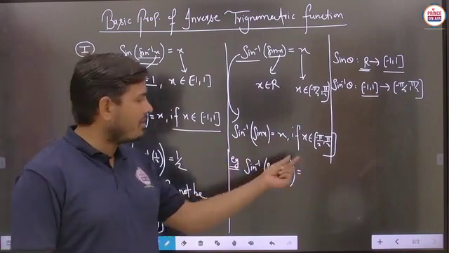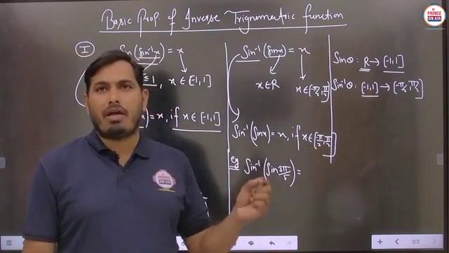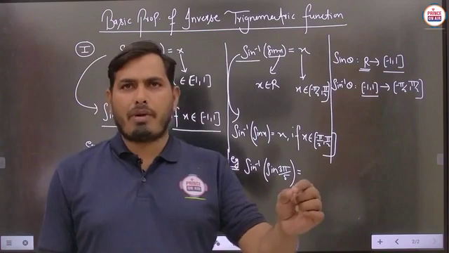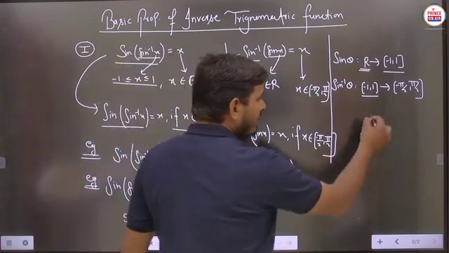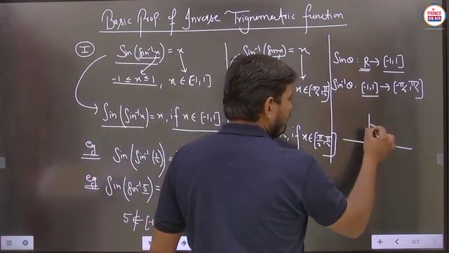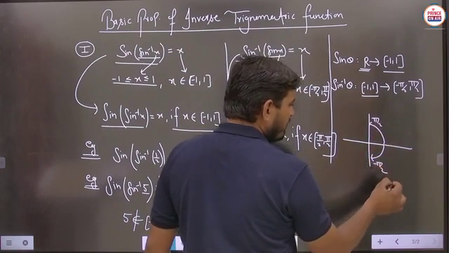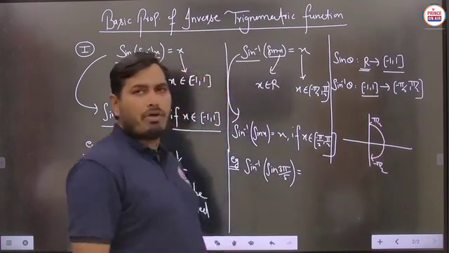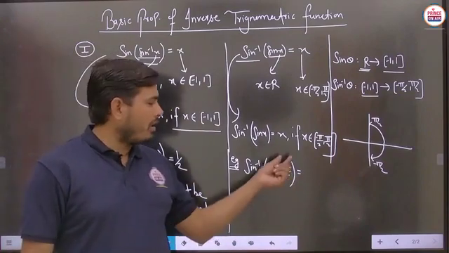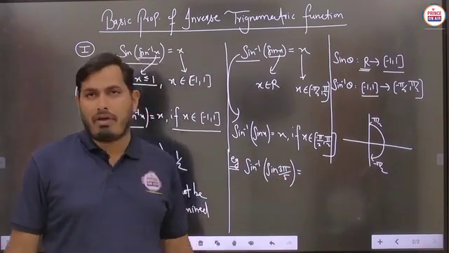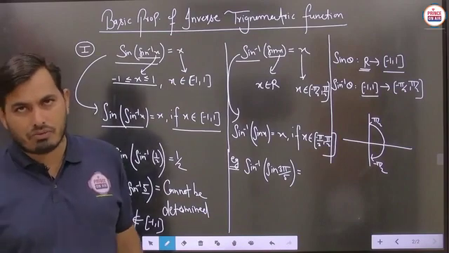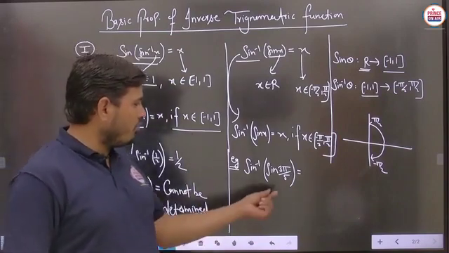In what cases? In this case, if we are taking the x from minus pi by 2 to plus pi by 2, means you can say that in this particular case this is plus pi by 2, and here if we are going clockwise, then it is minus pi by 2. So it will be taken from the first and fourth quadrant, then you can take this value as it is, otherwise we will not take this value. So you can just check the value, this 3 pi by 5.